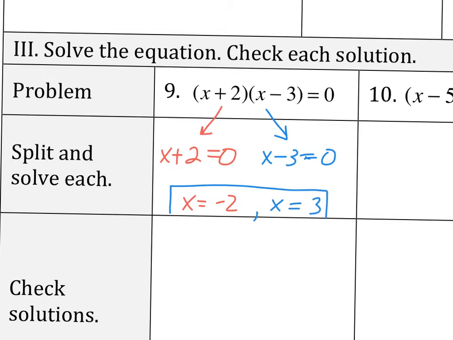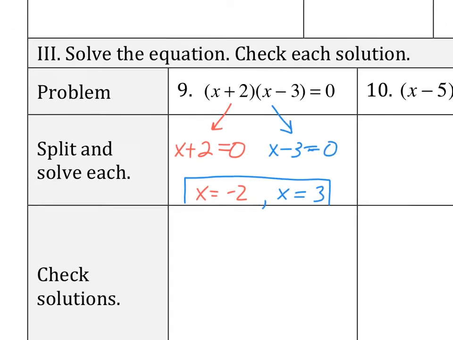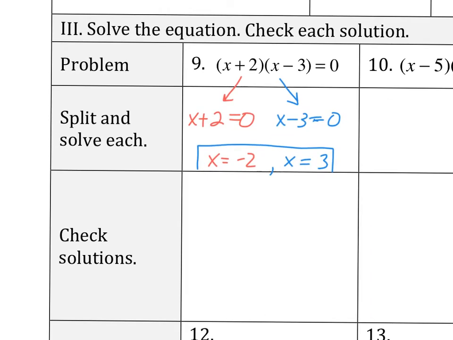And of course, always check. Either you're checking mentally, or you're checking all the way, or you just substitute in. So let me go ahead and substitute in the two, one at a time, folks. Only do one at a time. So I'm going to say -2 plus 2 times -2 minus 3 equals 0.